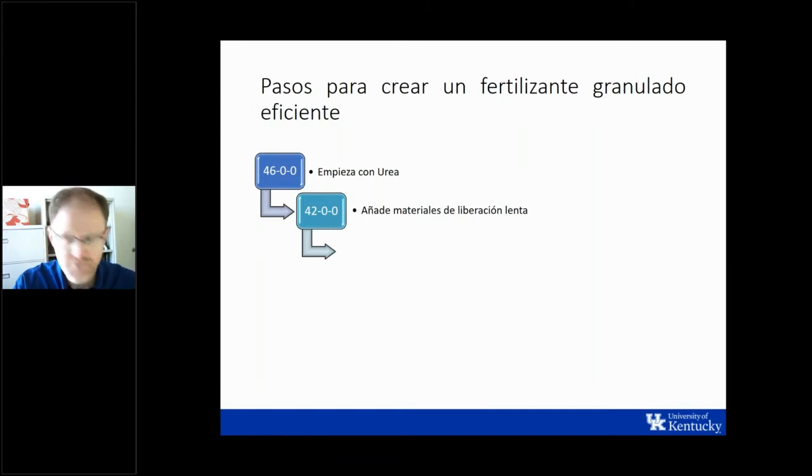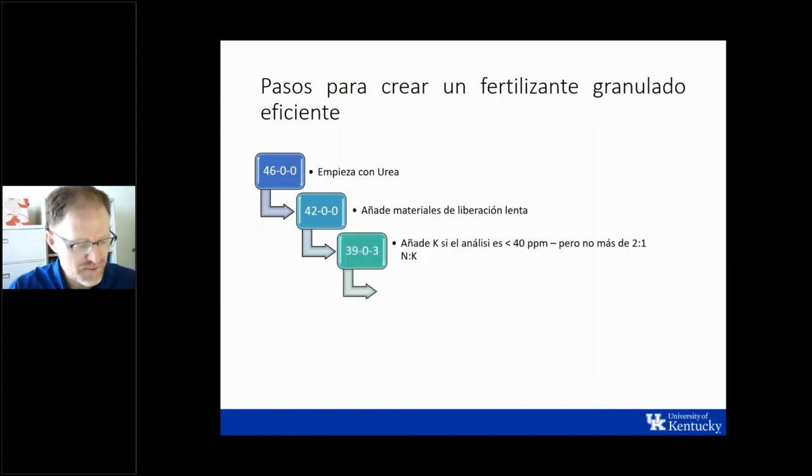Okay, the next step after you've added the slow release nitrogen is add potassium if the soil test is less than 40 and not more than a 2 to 1 N to K. So let's say you're at 40. I wouldn't just jump all the way in. I would just add in a little potassium, just 2 or 3 or 4 units of potassium.